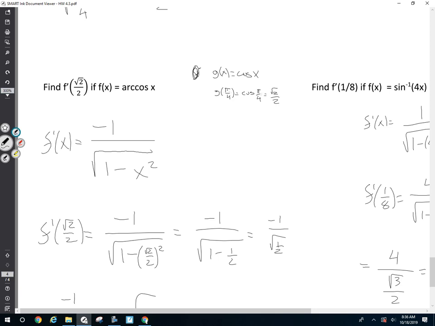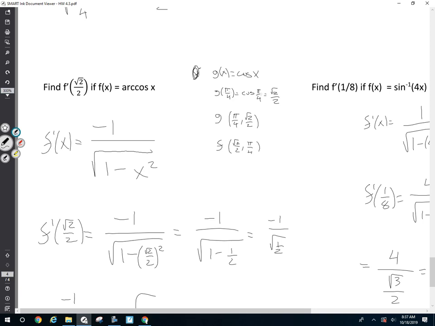Okay, cool. Well, that means the inverse function g has the point pi over 4, root 2 over 2. F, which is the arc cosine function, the inverse, has the point root 2 over 2, pi over 4.